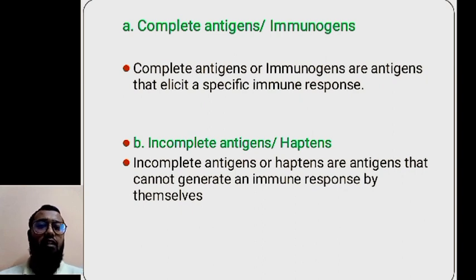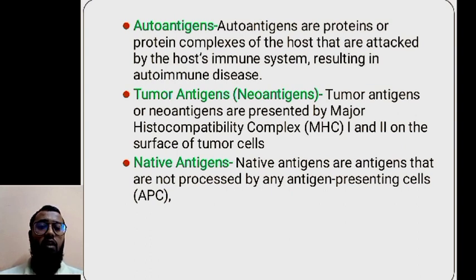Let's see another type of antigen. As I discussed earlier about autoantigens, what are autoantigens? Autoantigens are proteins or protein complexes of the host that are attacked by the host immune system, resulting in autoimmune disease.